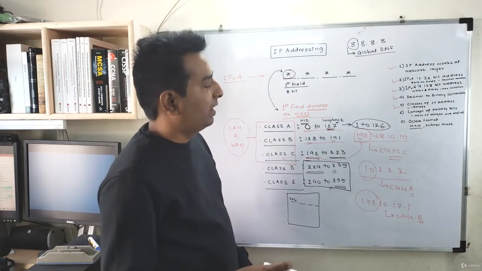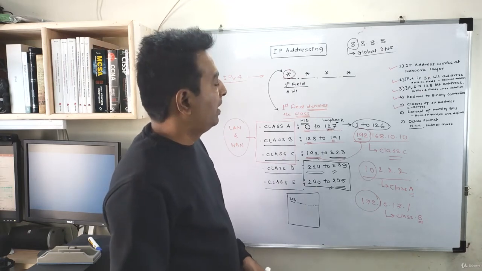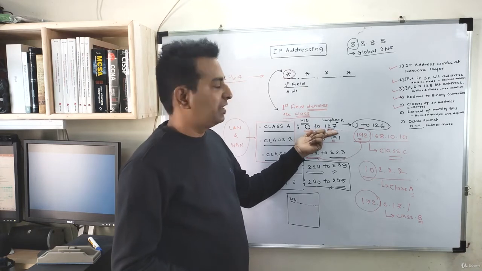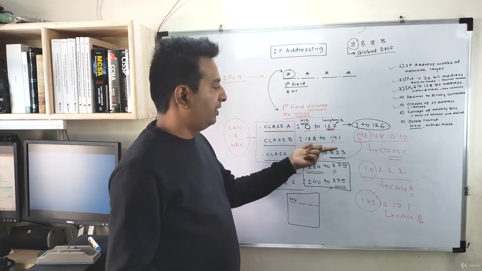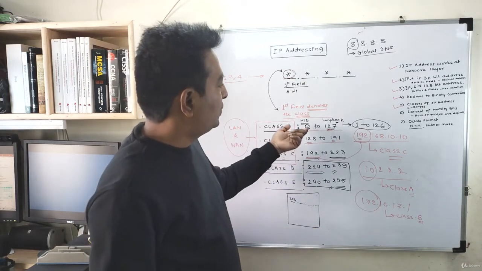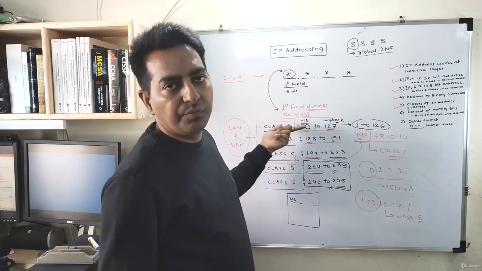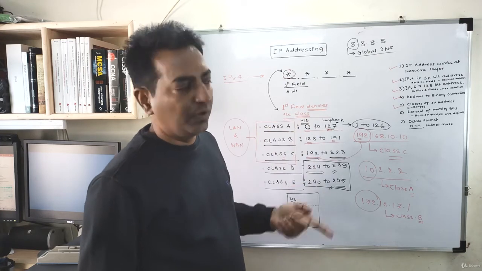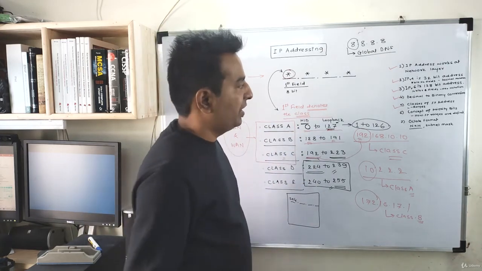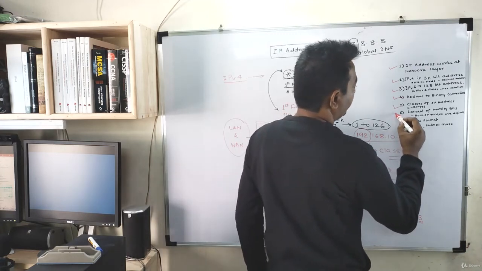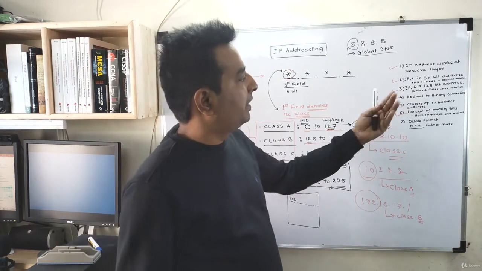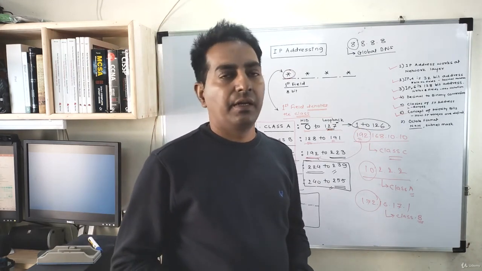Okay, so in the next session we will discuss why this particular range is set to class A, and this range is set to class B. What is the logic behind using this particular range for class A? Let us try to understand this in the upcoming session and talk about the concept of priority bits and how different IP ranges are calculated.